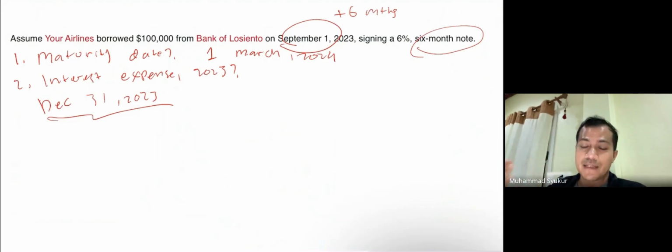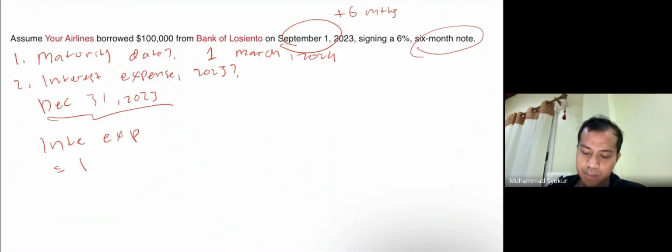We have to recognize some expense related to this note. In this situation, we calculate the interest expense for only 4 months, September 1st until December 31st.